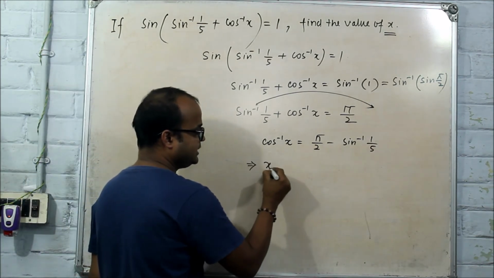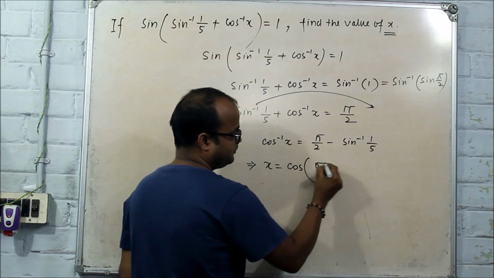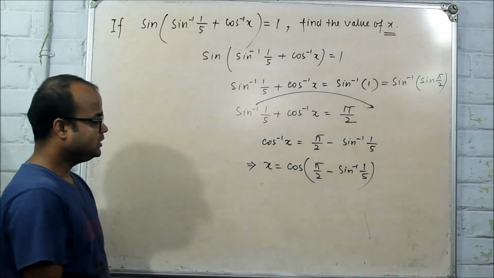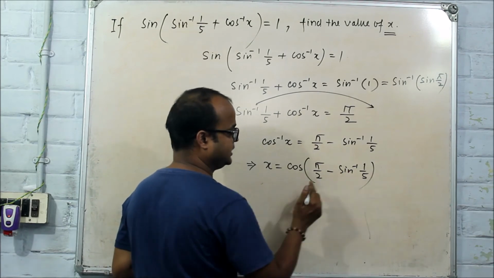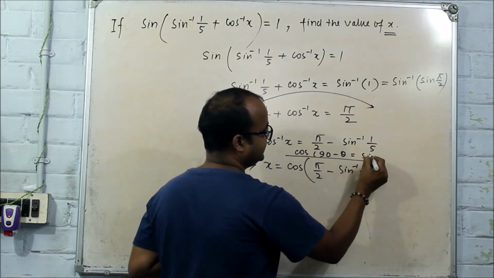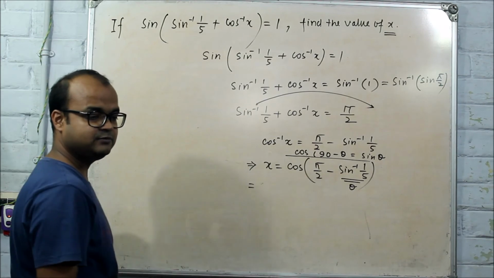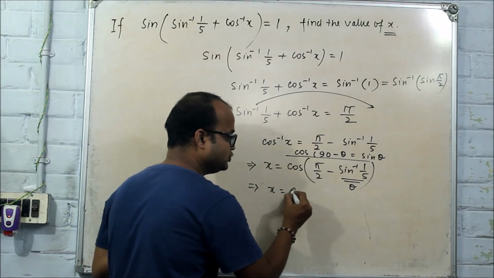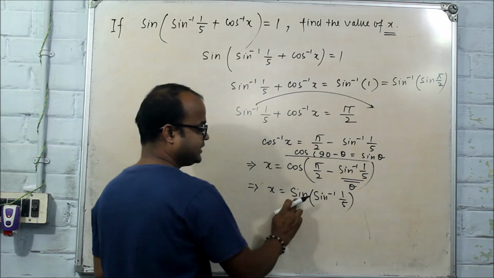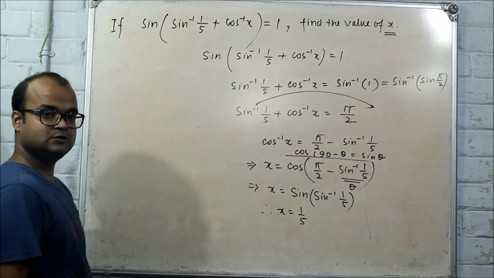From here we can say that x is equal to cos of pi by 2 minus sine inverse of 1/5. Comparing this with cos of 90 minus theta, the result will be sine theta, where theta is equal to sine inverse 1/5. So x is equal to sine of theta, which means sine of sine inverse of 1/5. Therefore x is equal to 1/5. Clear?